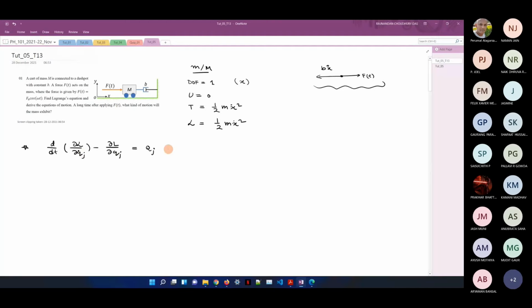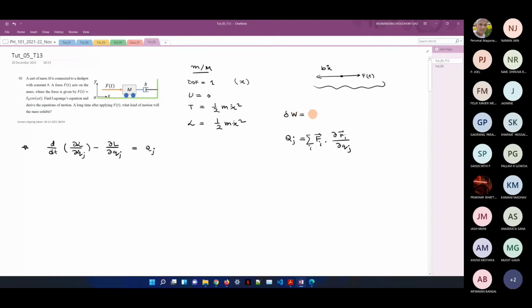Okay. And this generalized force, we can find it. This we have done in the class. So the Q j is written as sum over all the particles F i dot del r i by del q j. This is how we find the generalized force. Okay, and it is related to the virtual work done.